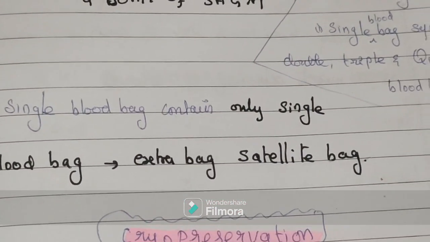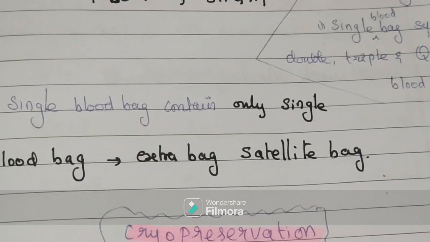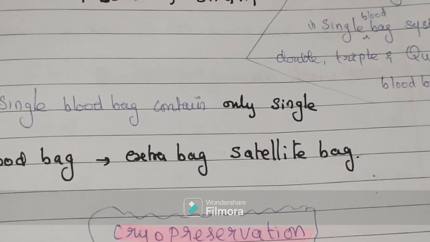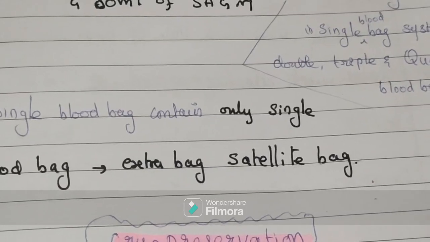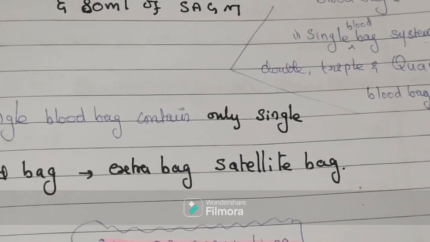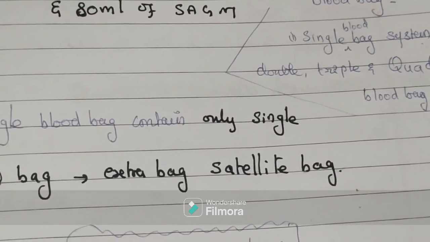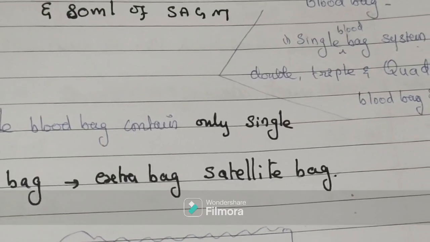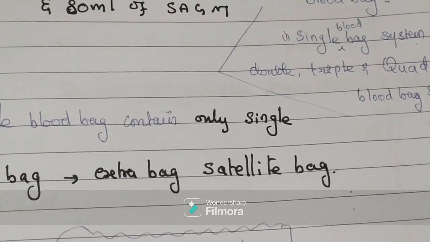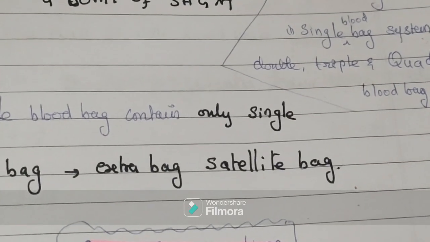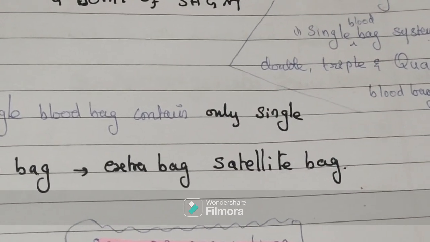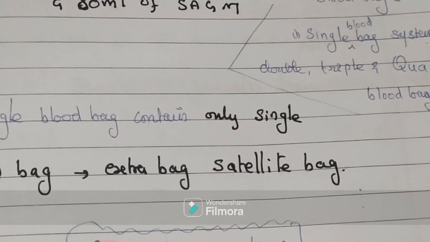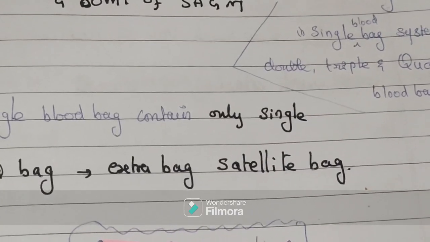In the case of a double blood bag, it contains some extra bags. Our main bag, in which we collect blood, is called the primary bag. An extra bag attached to the primary bag is called satellite bag 1, another is satellite bag 2, then another is satellite bag 3.